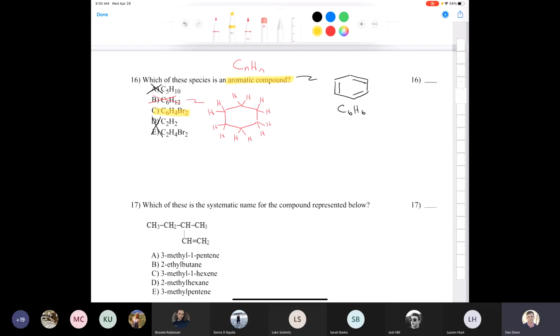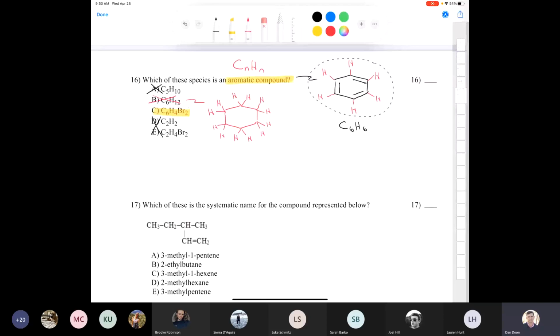Let me show you how you get that. Again, I told you that you have 1, 2, 3, 4, 5, 6 hydrogens. What if you replace 2 of those with bromines?